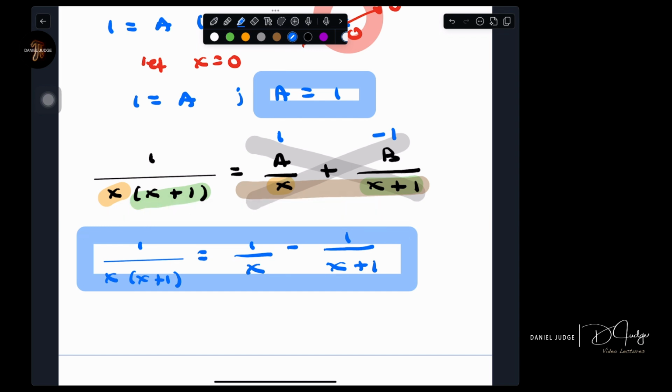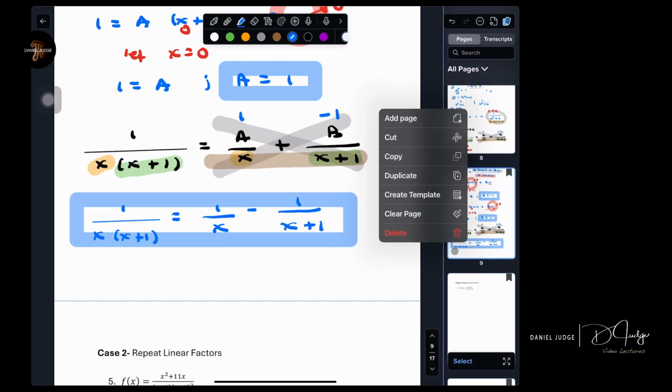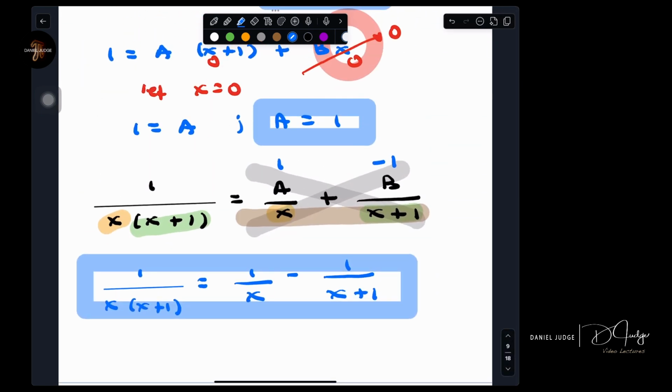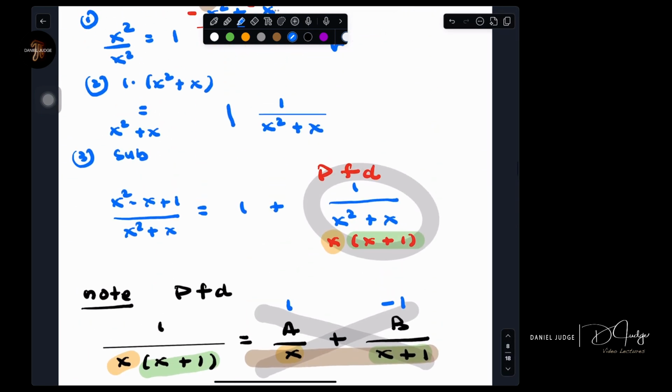Now, let's recall something here, because that's not the original function. That's only this part over here.